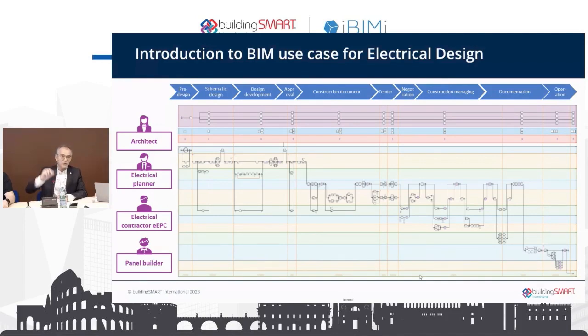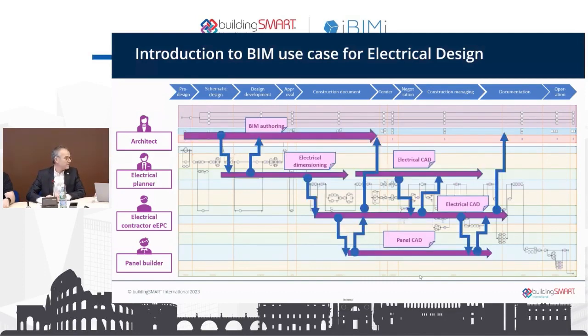We have the definition of the personas: the architect, the electrical planner, the electrical contractor, the panel builder, which are specific, sorry for them, animals that we have in the electrical trade. And we started to map the different interactions between the different players at different phases. So that's where we are now.